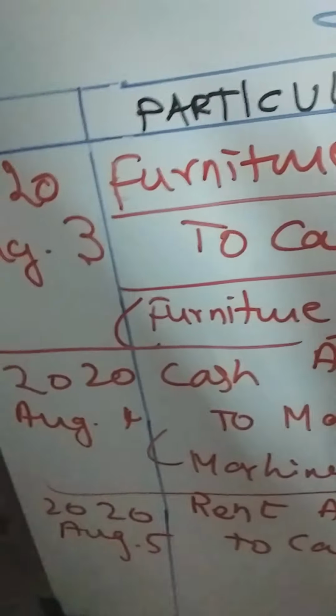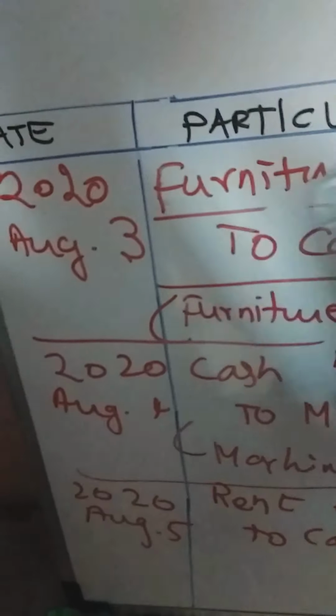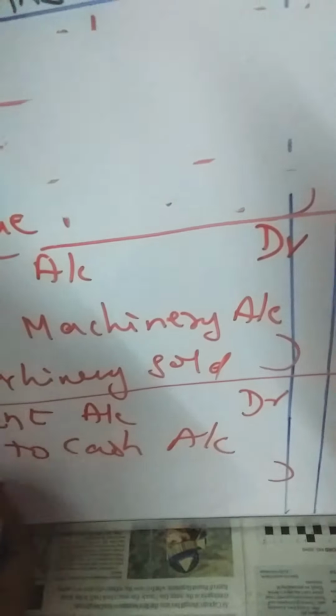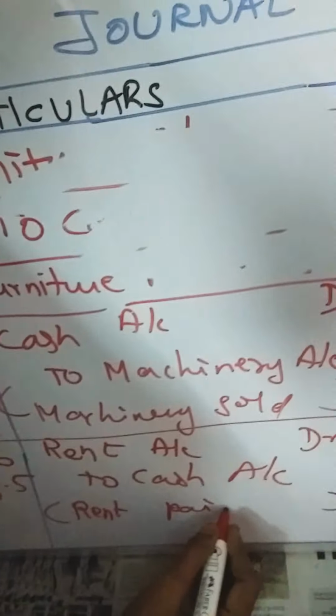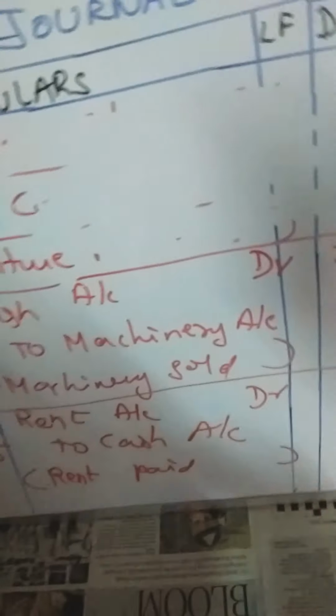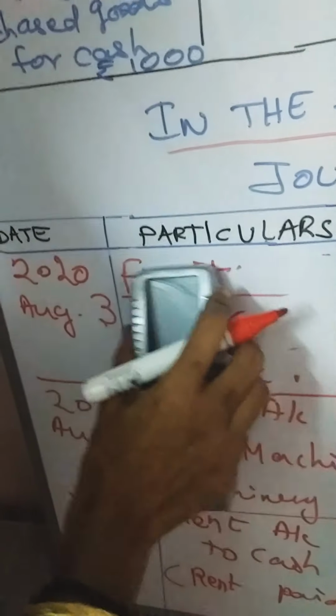What is the rent amount you have? 10,000 rupees. Debit 10,000 and credit 10,000. Narration, rent paid. Now we are going for the next transaction.